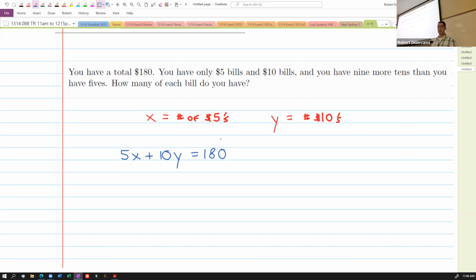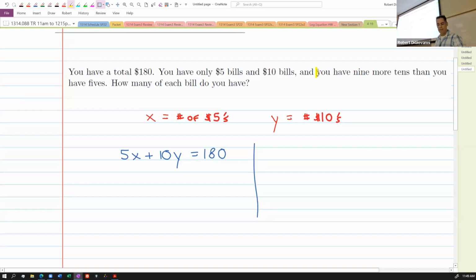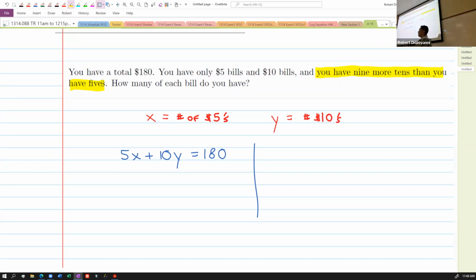That's your first equation. The second equation comes from this. You have 9 more tens than you have fives. That means however many fives you have, you have 9 more tens. How would I write that?